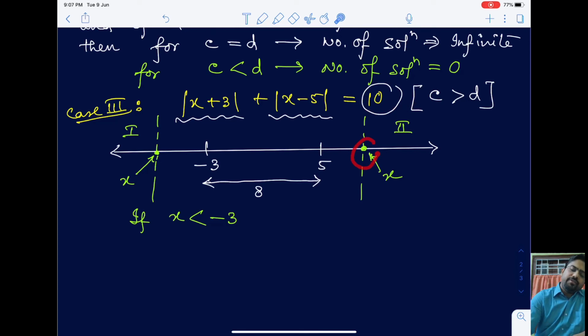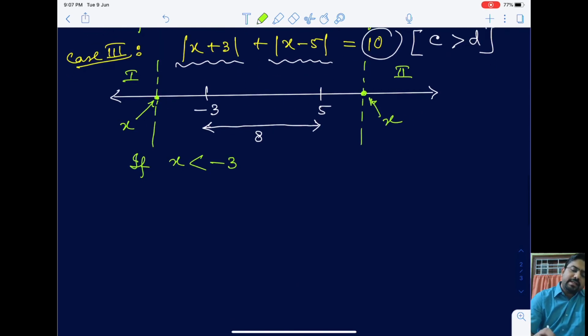Similarly, for this region of x, here also this much distance is mod x minus 5 and this much distance is mod of x plus 3, so it is also possible that the sum of the distances will be equal to 10. So if x is less than -3 or x greater than 5, these two regions are possible for x to satisfy the third case.